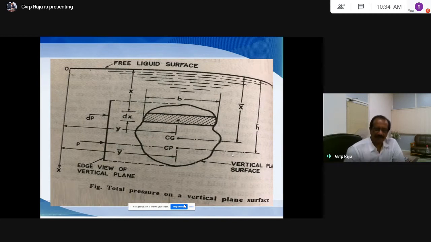Same surface, same area, same moment of inertia, because this is a vertical plane surface, and now the depth of immersion, measured from here as x bar, is doubled. Then what happens to the distance between CG and CP? Double or half or equal, something like that.